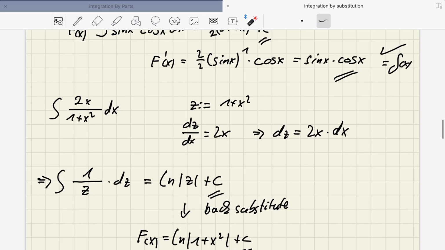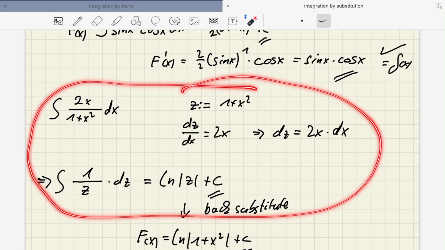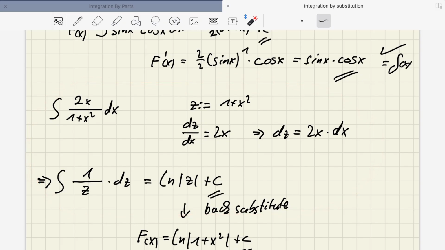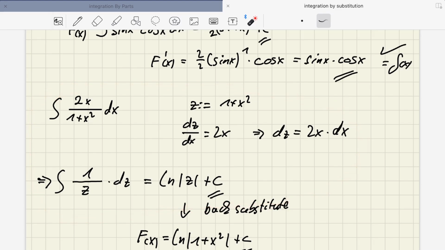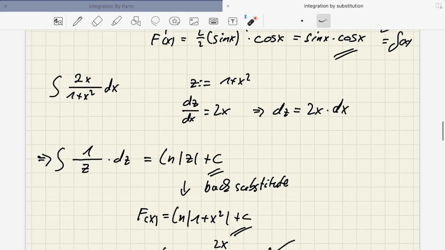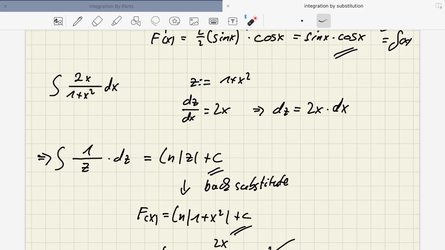Okay, so basically it's just 3 or 4 lines. So if you get to the point where you see, okay, maybe I should substitute something else because it doesn't work, you can do it.